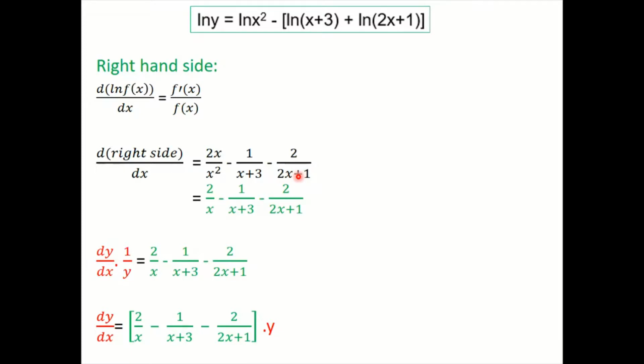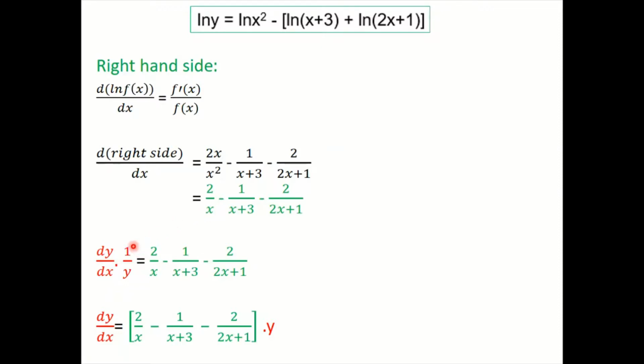So we've now differentiated the right-hand side with respect to x using our rules for differentiating natural logarithms, and we can simplify slightly now, particularly this first term where we have x in the numerator and x squared in the denominator. We can cancel here and we would end up with 2 divided by x. So we've now differentiated the left-hand side and the right-hand side of this equation, and we can now set the two equal to each other.